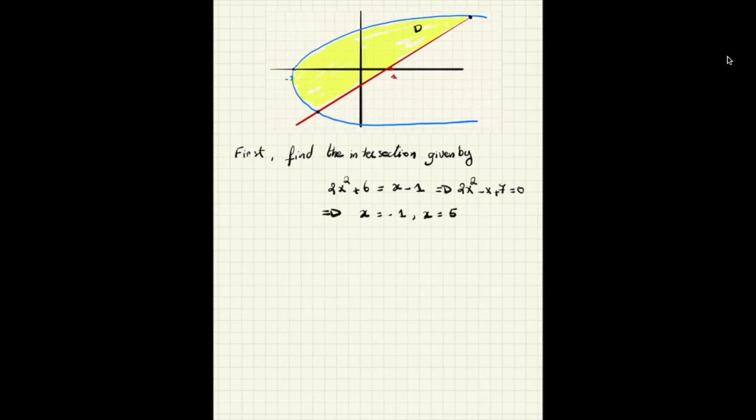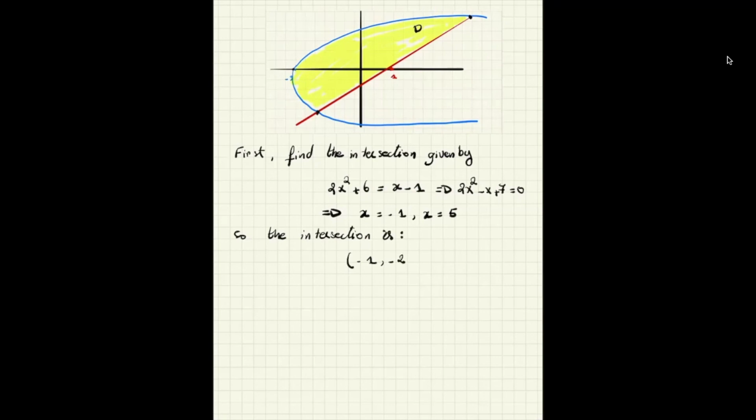So what is the image of each one? So the points of intersection are just 2 points. The point -1, -2.